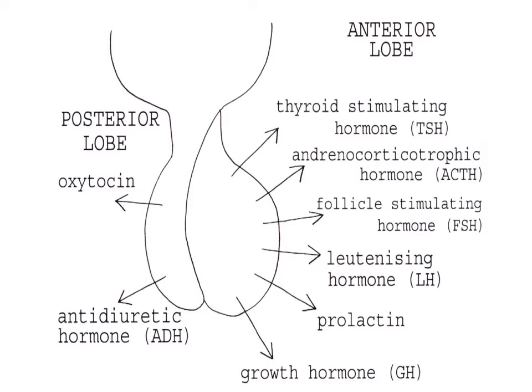But of course, it's way more complicated than this. There's lots more functions of oxytocin that have been discovered recently, particularly related to feelings of emotion, love, and bonding. So oxytocin is very important in forming bonds between the mother and the baby.